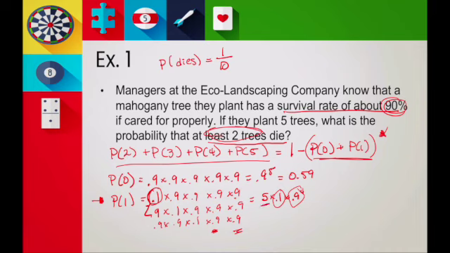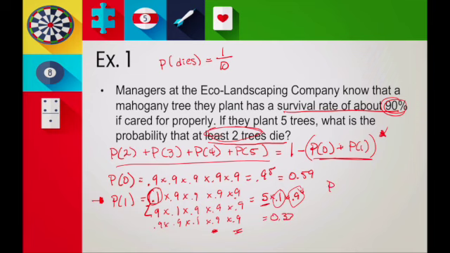The first tree, the second tree, the third tree, the fourth tree, or the 5th tree being the only one that dies. And so what you get is about 0.33.